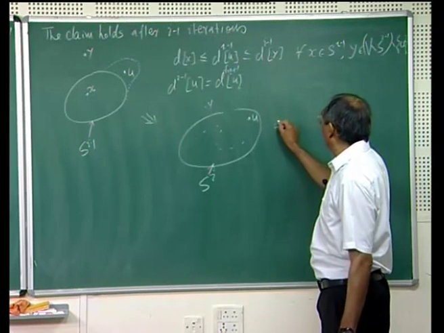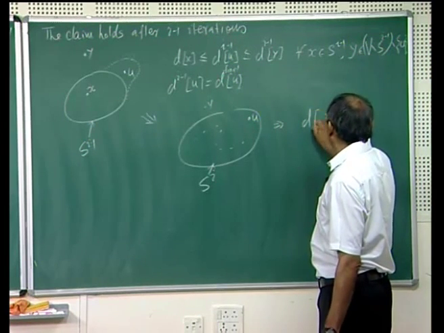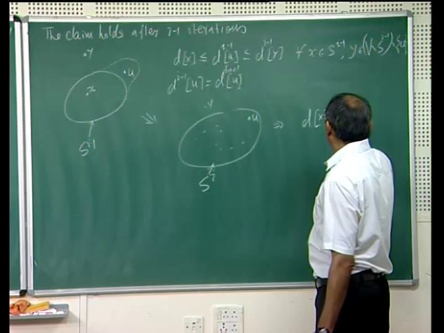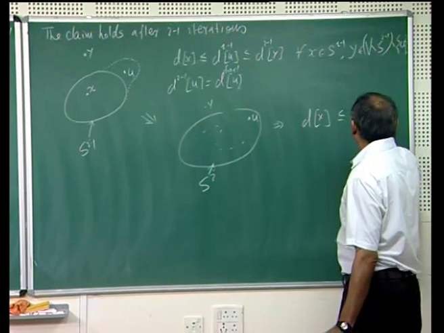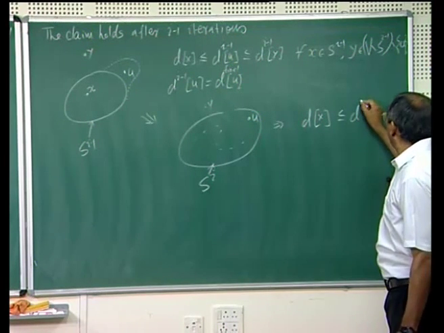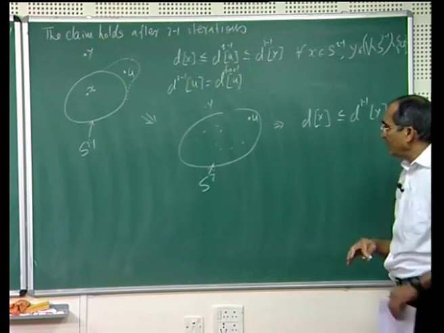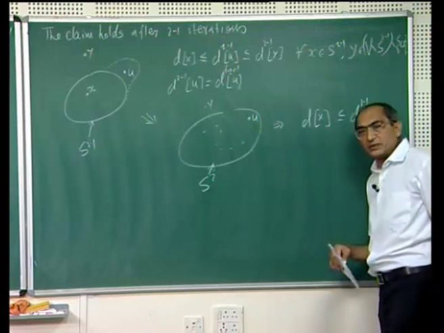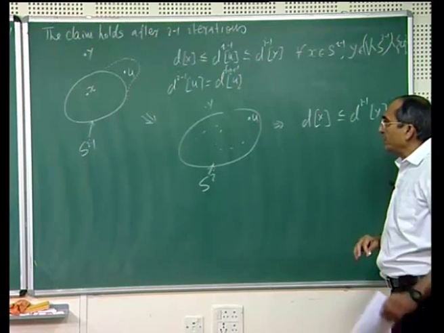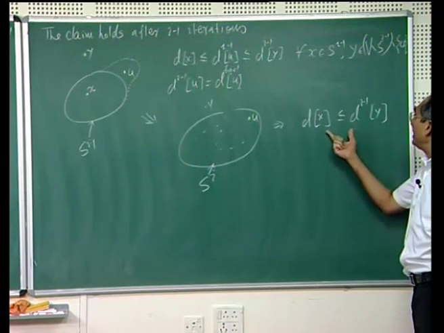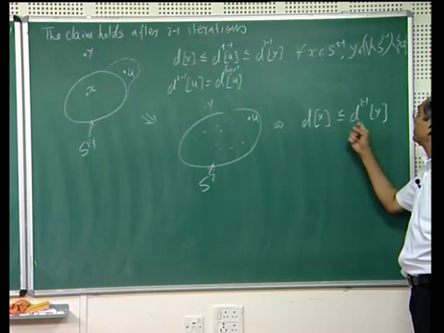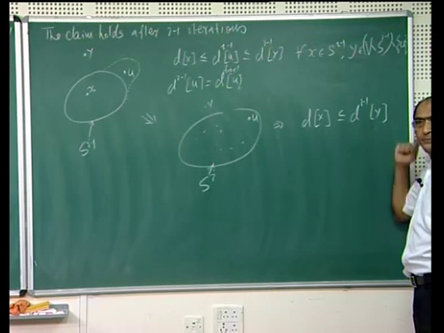So, what we have here is that d of x is less than or equal to d_{i-1}(y). Now, S includes u as well. Okay, so far so good, but to prove our claim we need to show that this is also less than or equal to d_i(y).